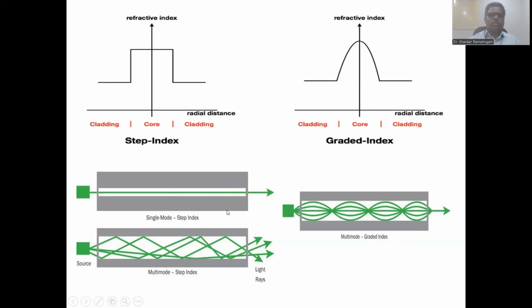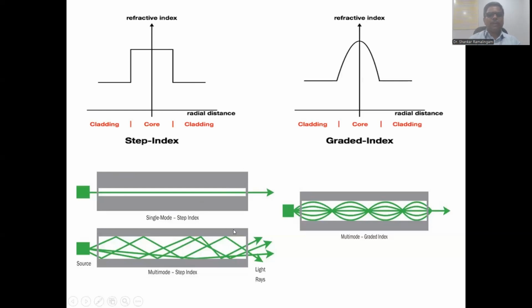So based on the requirement, we are going to use the optical fiber cable in the communication system. As I told in the beginning, this optical fiber cable is going to be a medium or a channel between our transmitter and receiver. If it is required between two dedicated people, then it is enough to have our single mode optical fiber cable.